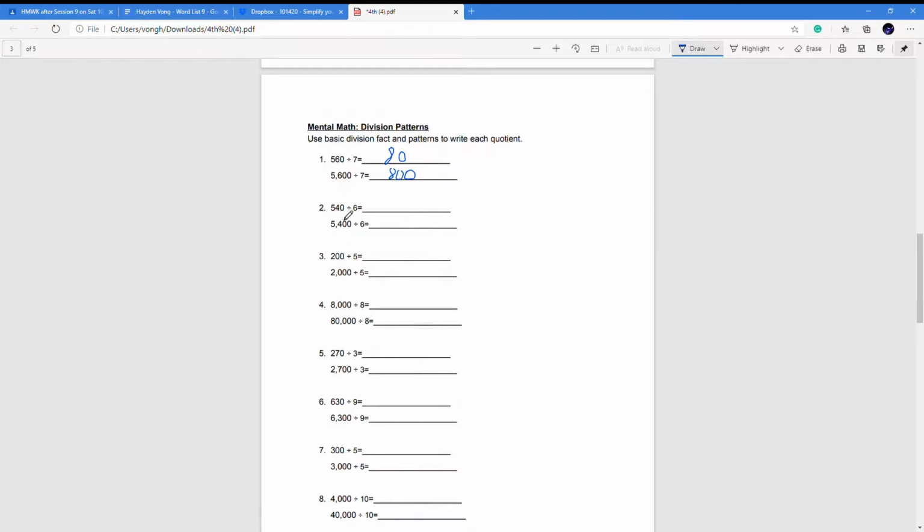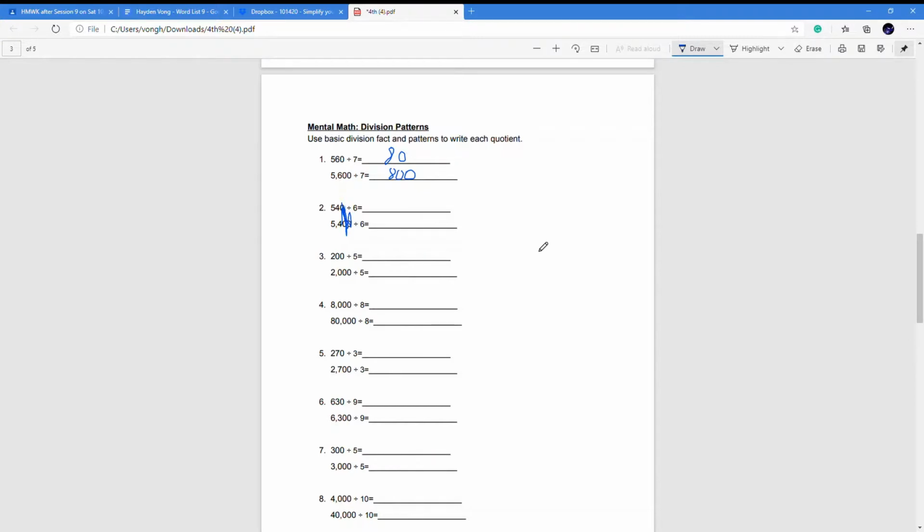Let's do another one. Let's block out the zeros for now. What's 54 divided by 6? We know that 6 times 1 is 6. 6 times 2 is 12. 6 times 3 is 18. 6 times 4 is 24. 6 times 5 is 30. 6 times 6 is 36. 6 times 7 is 42. 6 times 8 is 48.